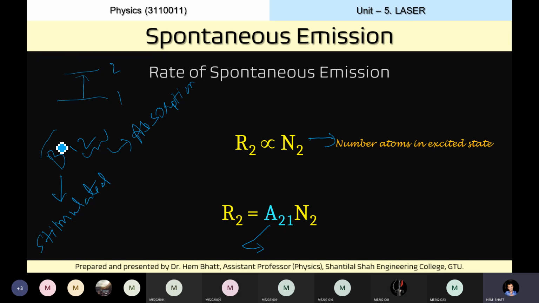So what is the name of B12? Einstein's coefficient for stimulated absorption.